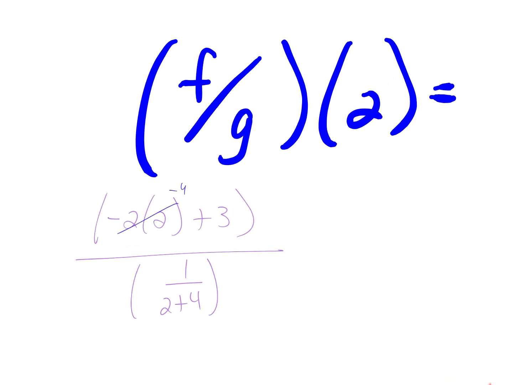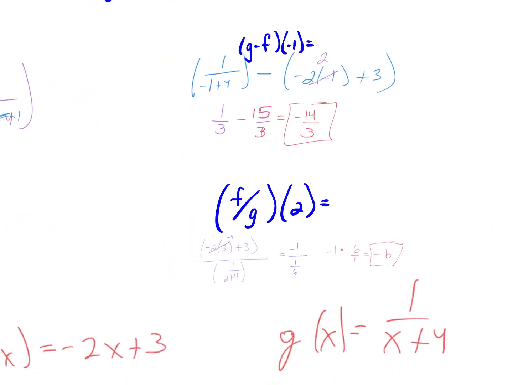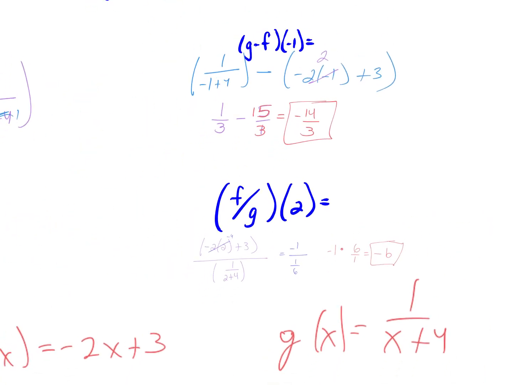And negative 4 plus 3 is negative 1, divided by 1 over 6. How do we simplify this? Keep, change, flip. What's my answer here? Negative 6. Good. Questions? No questions. All right.